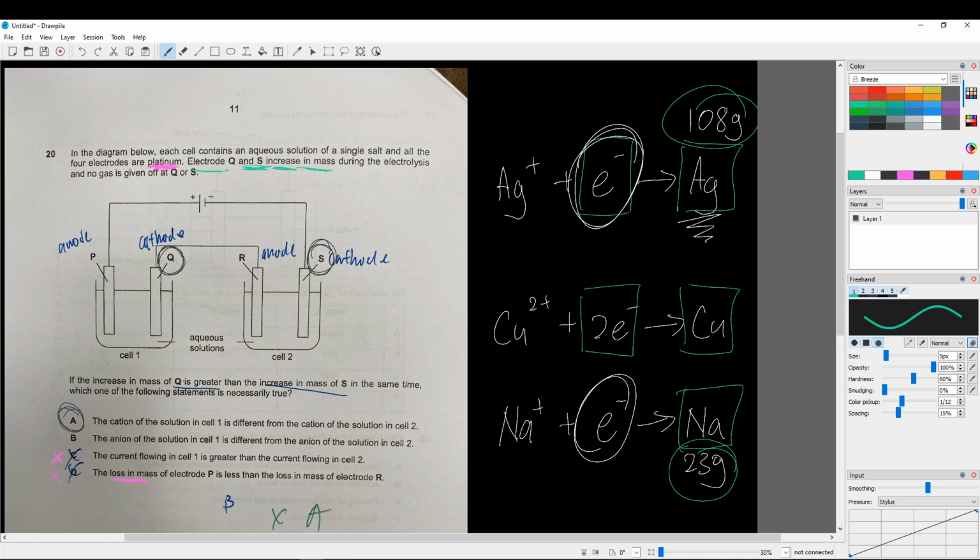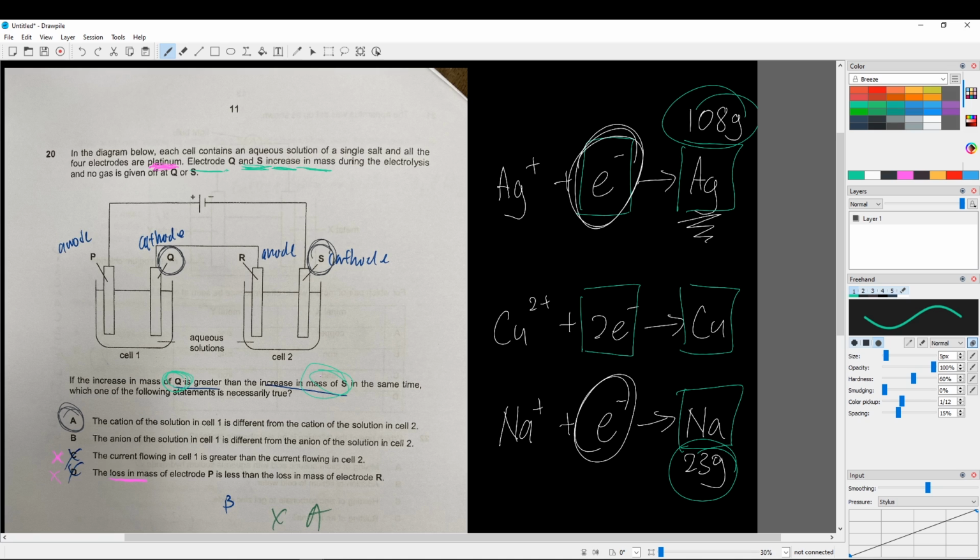But if the increase in mass of Q is greater, that means the mass of Q and S is different. It means that the cation in cell 1 and cell 2 must be different. As I already said, a different cation might have a different number of electrons to discharge, or the same number of electrons, same moles, but a different molar mass.